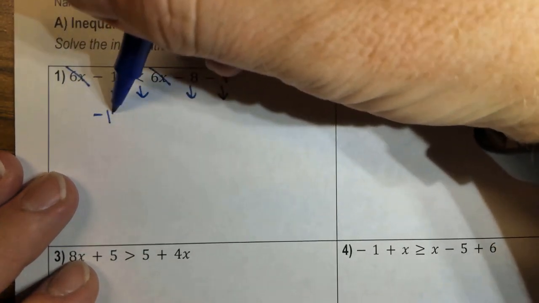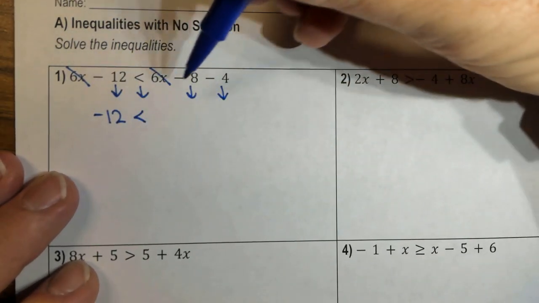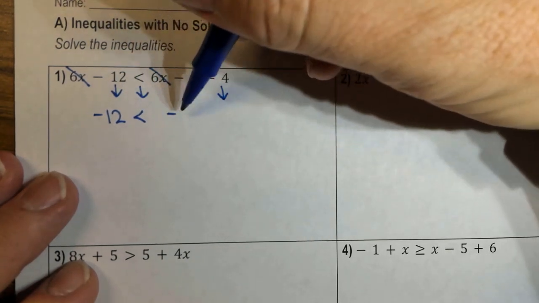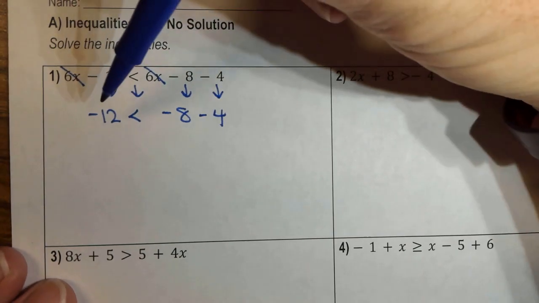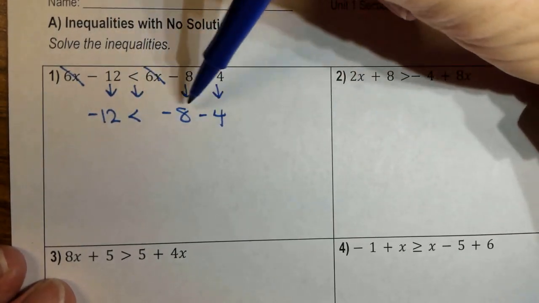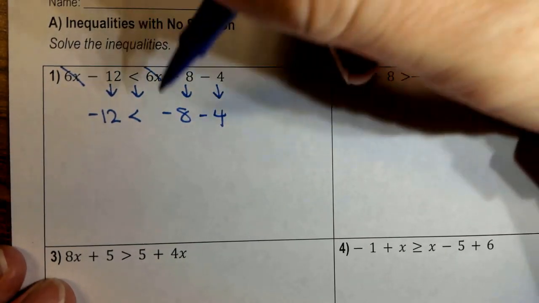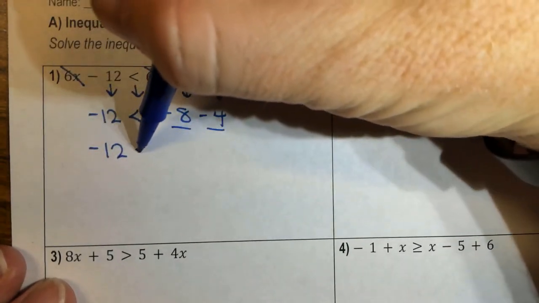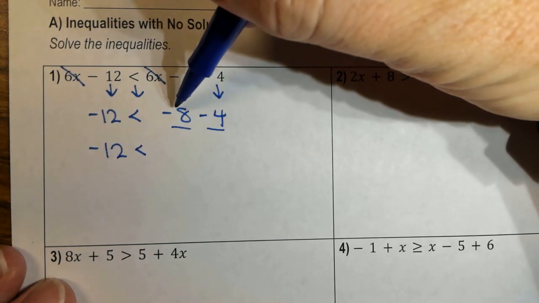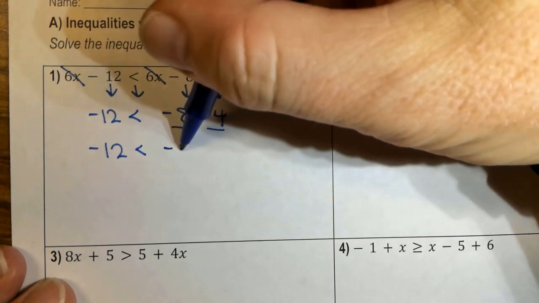So I have negative 12 is less than negative 8 minus 4. Alright. So I just have to see if negative 12 is less than whatever these two numbers are together. So if I combine like terms, you get negative 12 less than, now negative 8 minus 4 is negative 12.